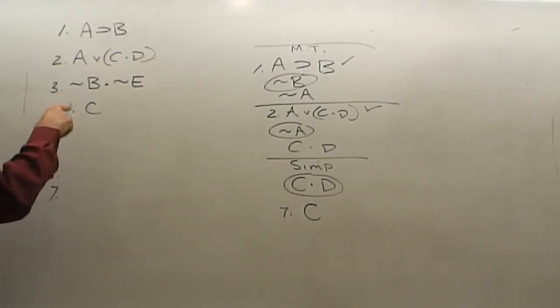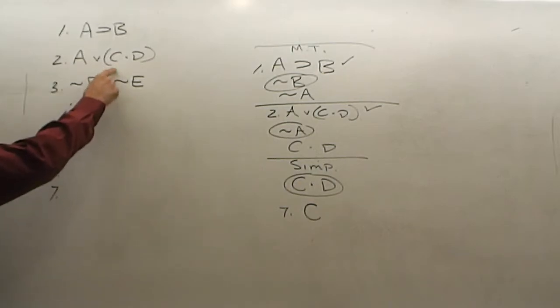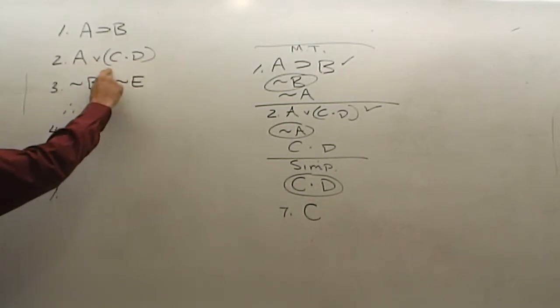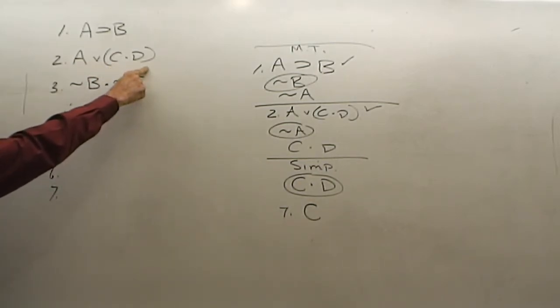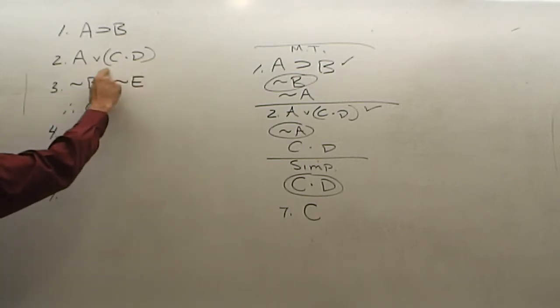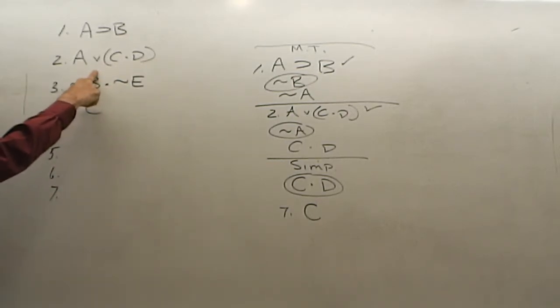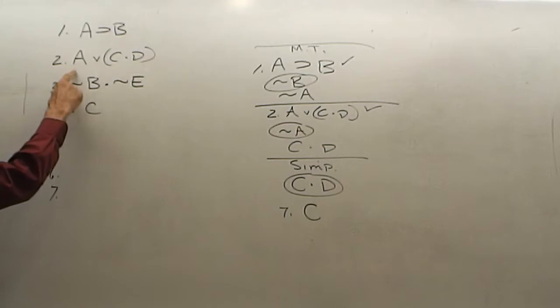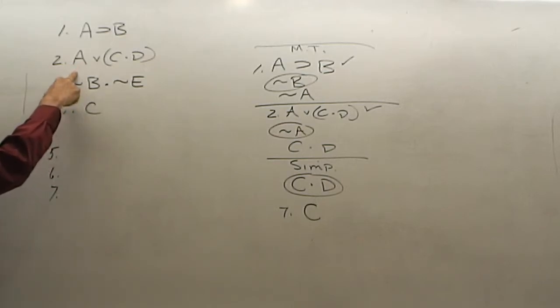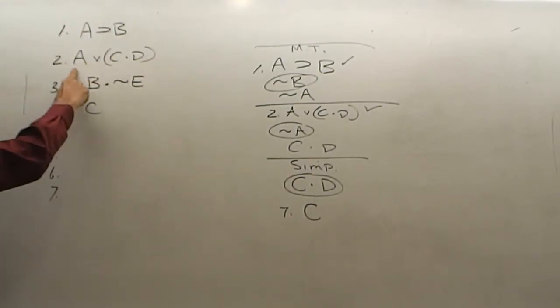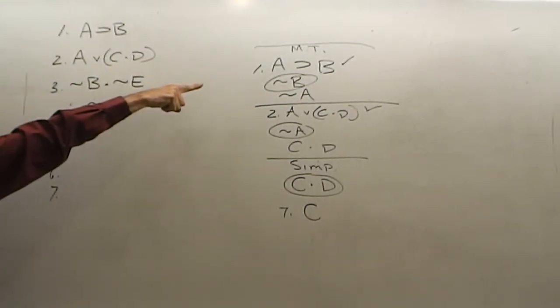So we started out by noting that C could maybe be simplified from C dot D. Prior to that, C dot D would have to be extracted from that wedge by disjunctive syllogism. Second premise of disjunctive syllogism would have to be curl A. We reasoned there's only one way to create a curl. It doesn't exist. That's by modus tollens.